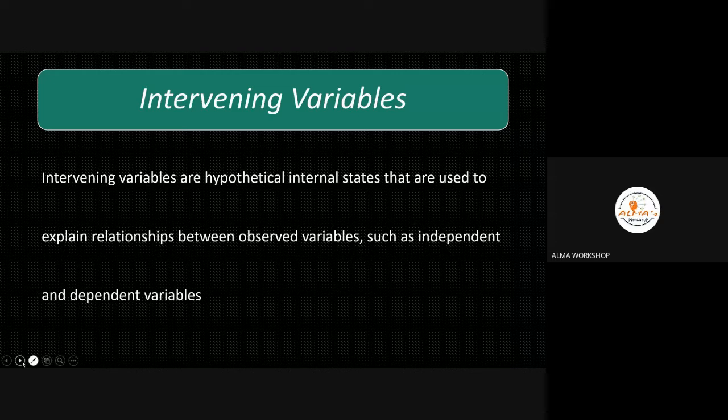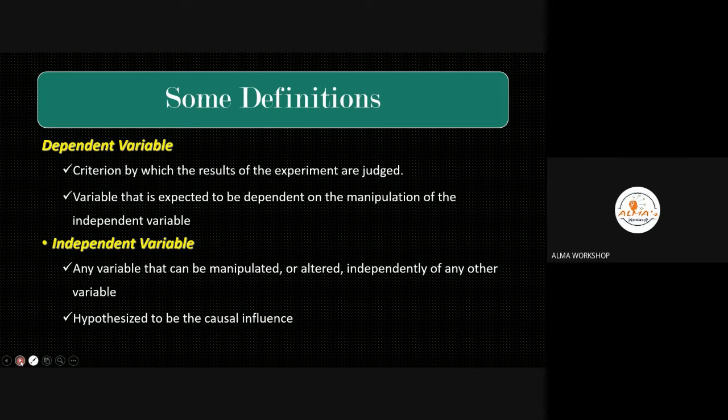Any research when you do, you need to observe the subject, and you have to write the results that is expected as a researcher. So dependent variable, criterion variable by which the results of the experiment are judged. You have variable that is expected to be dependent on the manipulation of the independent variable.